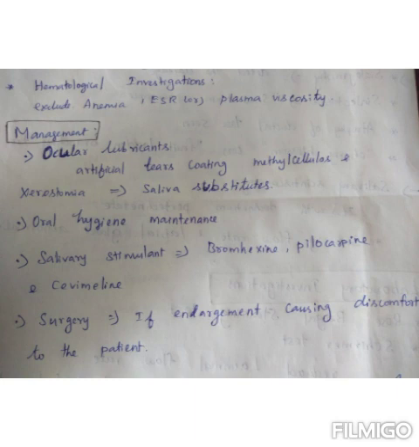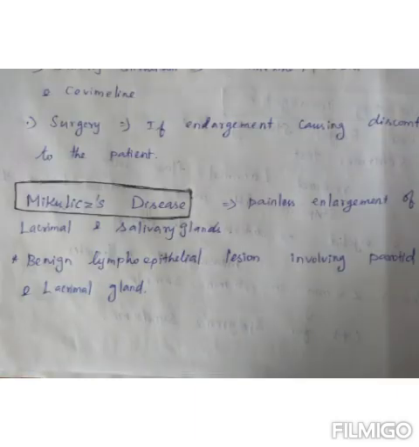And surgery, if the enlargement causes discomfort to the patient. These are the management: mainly ocular lubricants, salivary stimulants, and oral hygiene maintenance is very important. So only a maintenance phase is used. There is no absolute treatment for this condition, and we have to diagnose the cause of this condition.